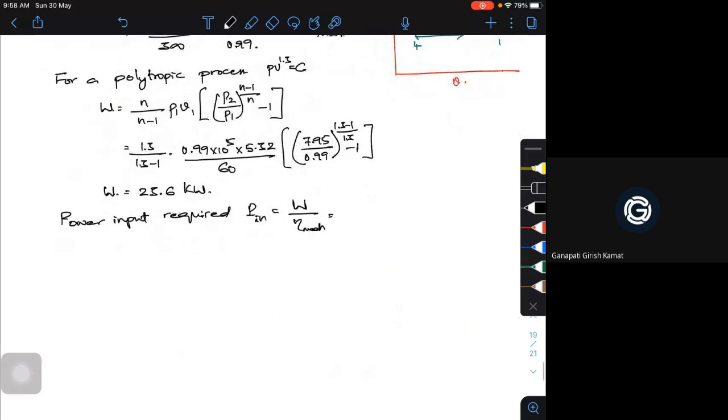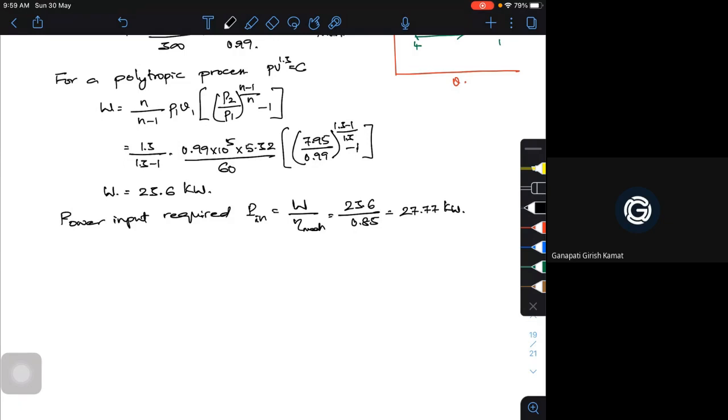So this will be 23.6 divided by 0.85. I'm getting around 27.77 kilowatts. This is the input power.